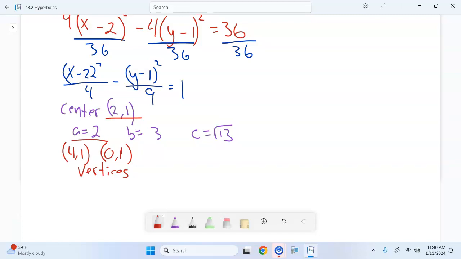Okay, what are we going to use to find foci? C. So we're going to have (2 plus root 13, comma 1) and (2 minus root 13, comma 1). Foci.